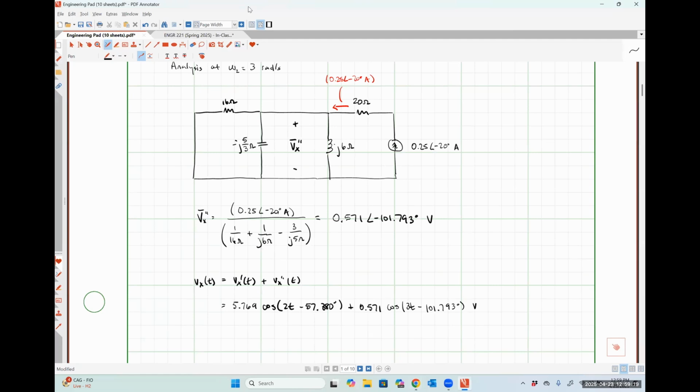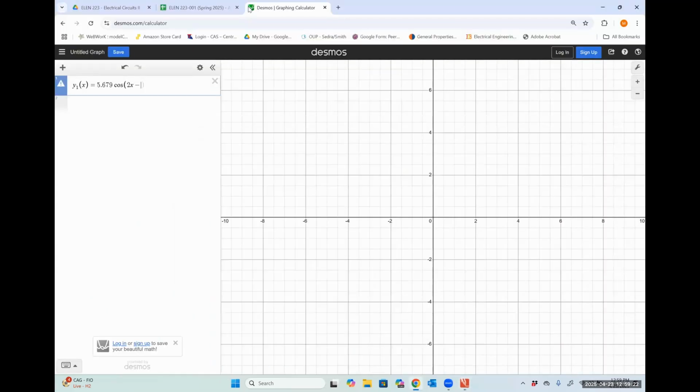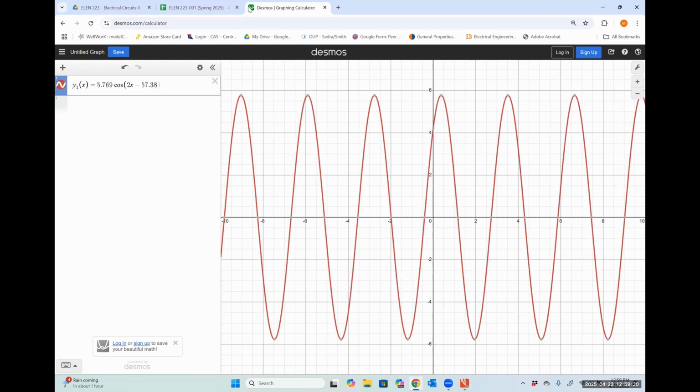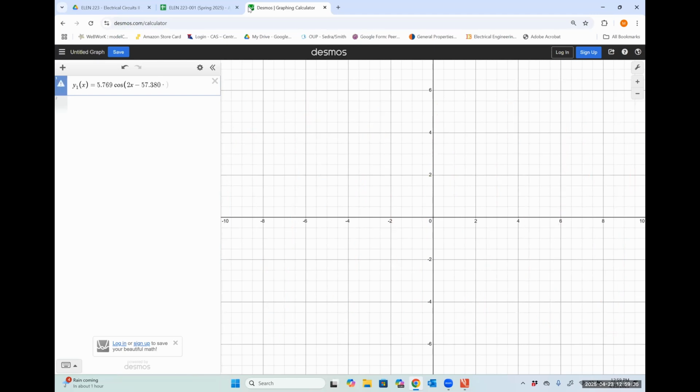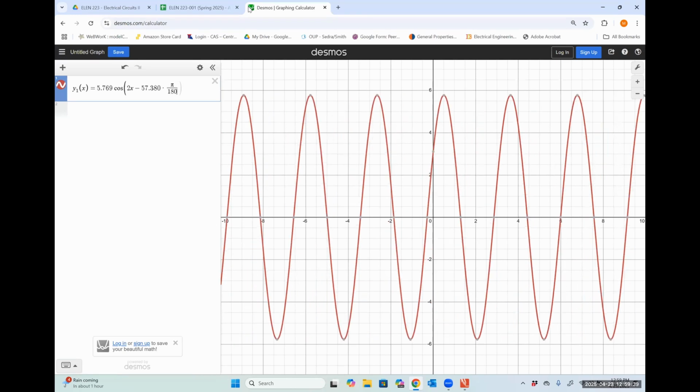So 769 and then 57.380. That phase angle is in degrees, but this is by default in radians. So I'm going to multiply this by pi over 180 so that my total angle is now simply in radians.